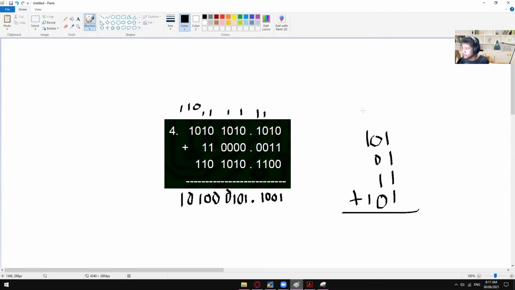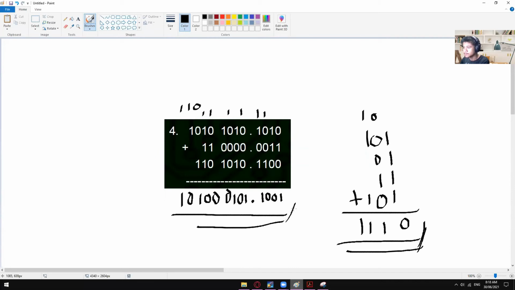We have to put the first carry in here, and then the second carry, and then bring down 0. That's how you put carries if you have 2 or more. So 0 plus 1 is 1, and then 1 plus 1 plus 1 is 11. I hope this is clear to you guys. Any questions so far regarding binary addition?